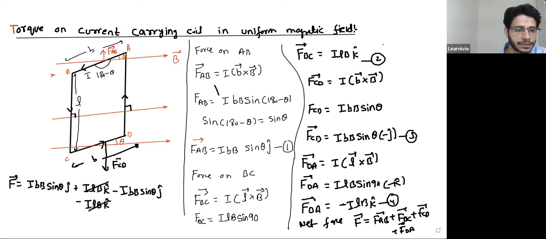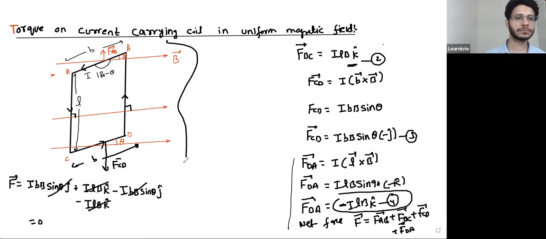So this gets cancelled out with this, this gets cancelled out with this, and it is equal to 0. This is the net force, which is 0.